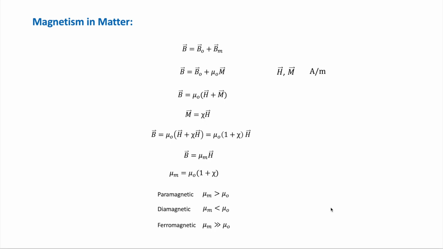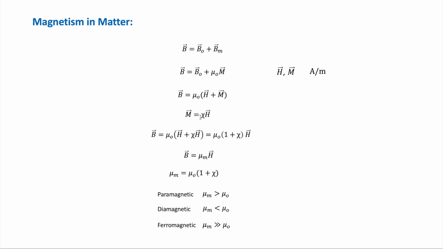So we will now consider the classification of magnetic substances. For many substances, specifically paramagnetic and diamagnetic materials, the magnetization vector M is proportional to the applied magnetic field strength H, according to this equation, where chi is a dimensionless factor known as the magnetic susceptibility.